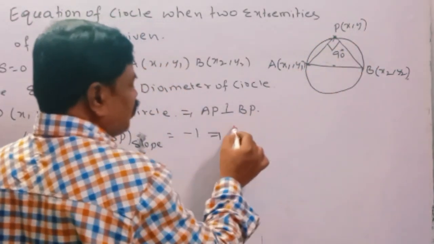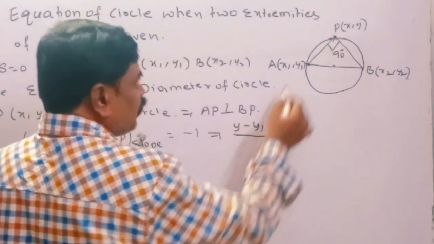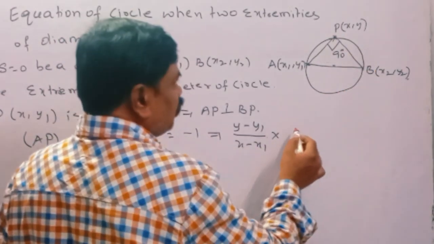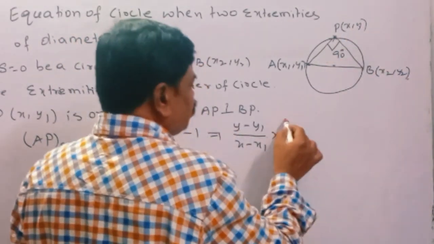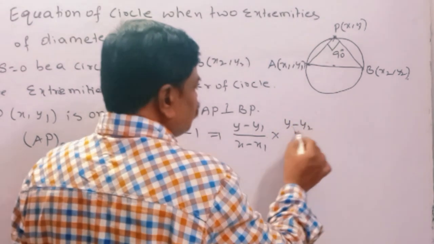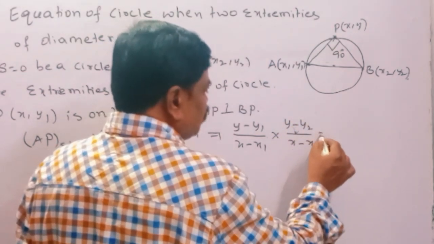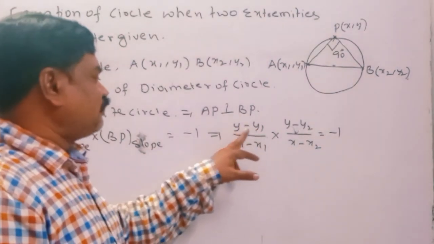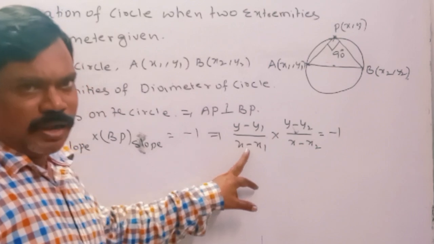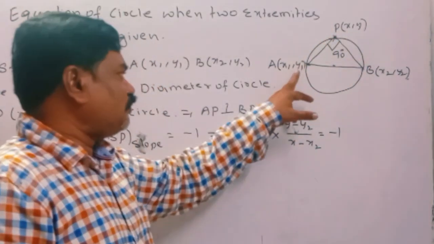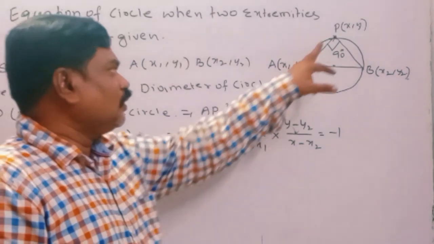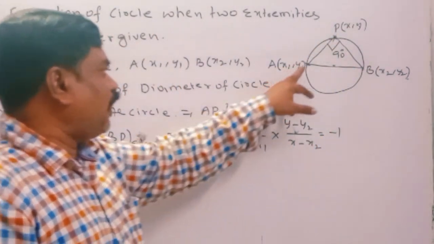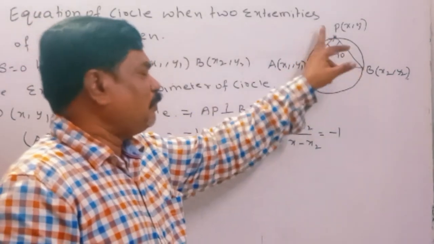It is y minus y1 by x minus x1, into the BP slope, which is y minus y2 by x minus x2, equal to minus 1. Slope is the difference of ordinates by the difference of abscissae. This is the slope of AP and the slope of BP.